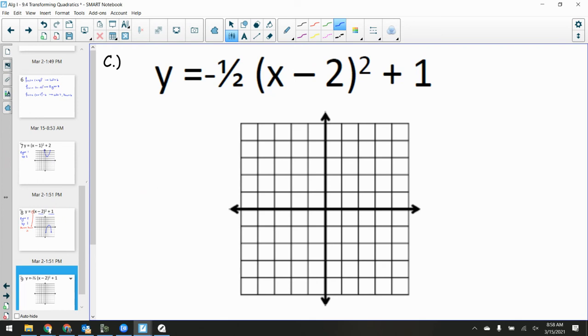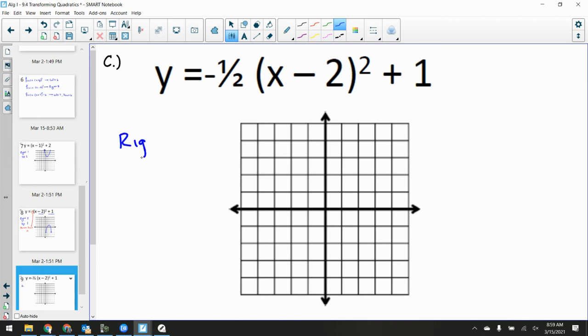And let's take a look at this last one. Negative 1/2 x minus 2 squared plus 1. Well, what's the difference between B and C? What's the only difference between B and C? There's a 1/2 in front. So I know that this does the exact same thing.